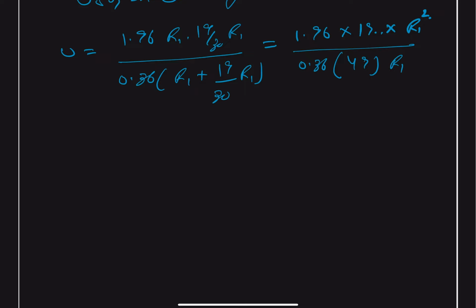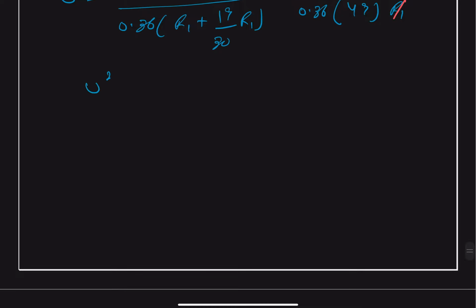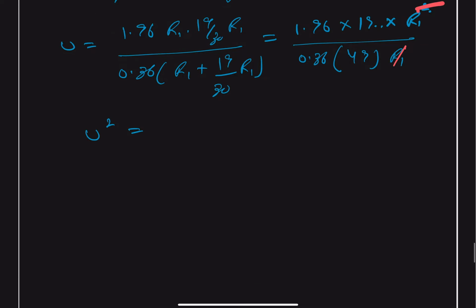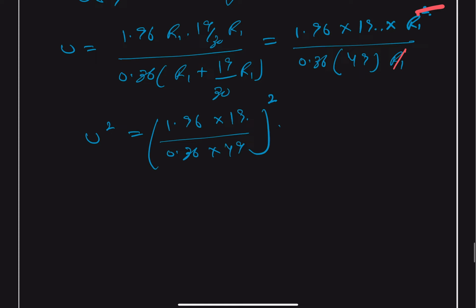So here this R1 goes with this square, and if we square both the sides, we can write that V square will be equal to 1.96 multiplied by 19 divided by 0.36 multiplied by 49 whole square, and this is R1 square.